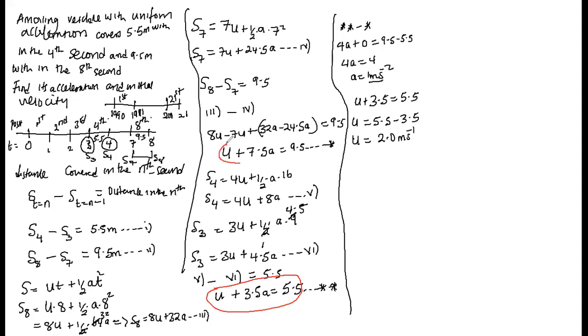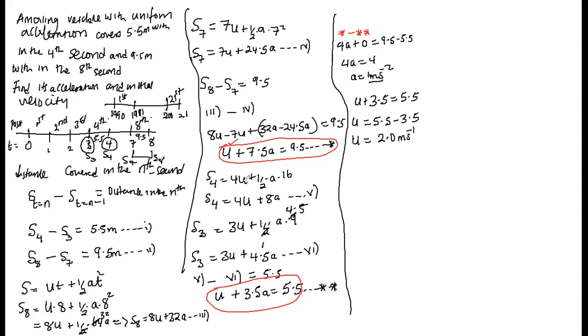I've written the wrong order. It was supposed to be star 1 minus star 2. Does it make it clear now?